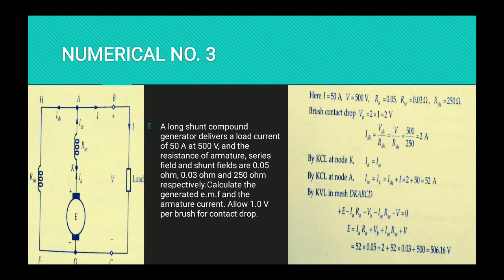So E equals 506.16 volt. So this is the total induced EMF in the armature of this long shunt compound generator. Okay, so this is numerical number 3.